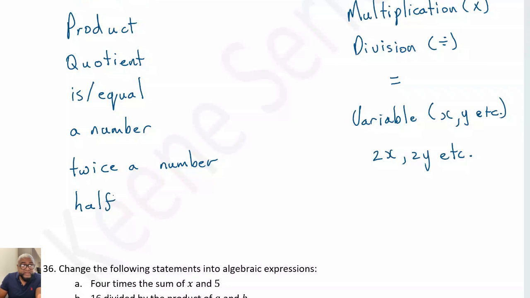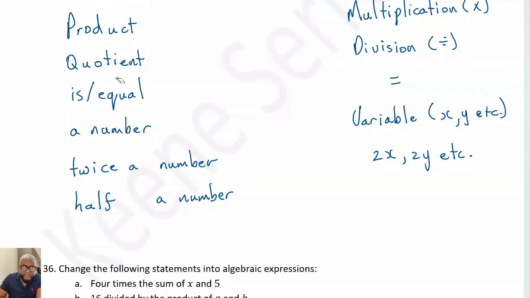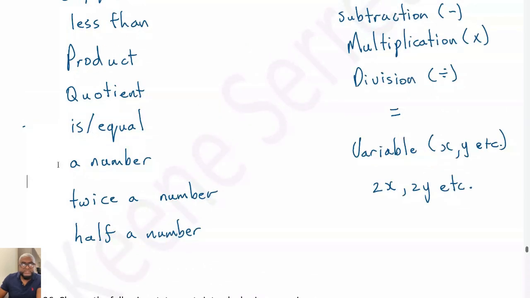Half of a number. If anybody missed anything, I could always scroll up for you all to get it. It'll be x divided by 2 or a half x, etc. Meaning if you want to use a different variable.